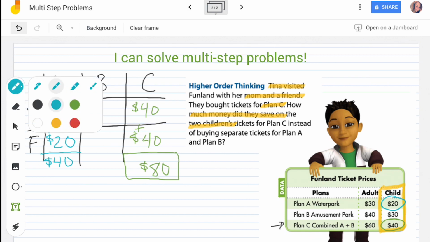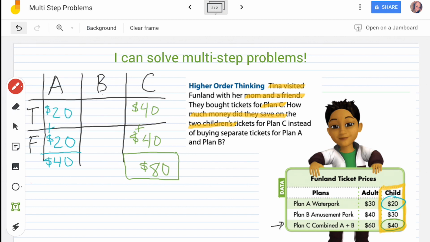Now finally, let's take a look at Plan B. According to the data table, how much does each children's ticket cost? $30. Tina's ticket costs $30 and the friend's ticket costs $30. Altogether, how much money is that? Very good, $60.